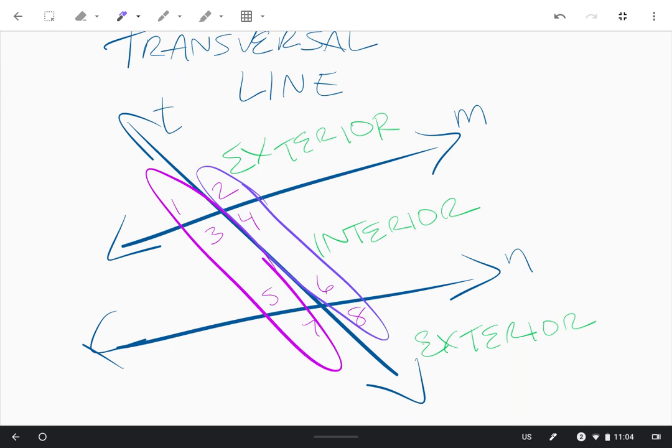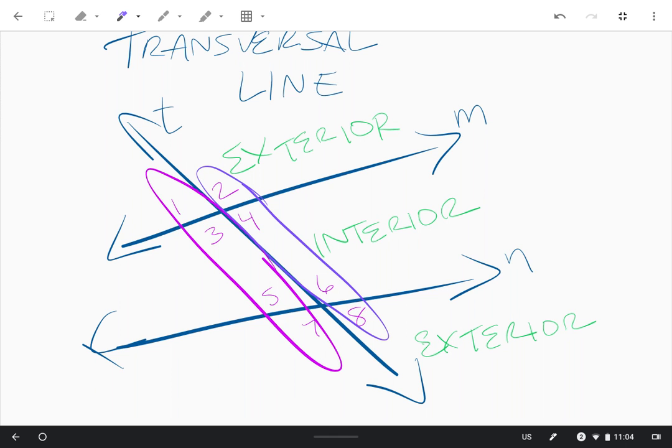Anytime I'm looking at 1, 3, 5, and 7 together, they would be called same side. If I looked at 2, 4, 6, and 8 together, any pair of those would be considered same side as well. But if I pick one from 1, 3, 5, 7 and another angle from 2, 4, 6, 8, like 1 and 6, those would be considered alternate, so they're not on the same side of the line.